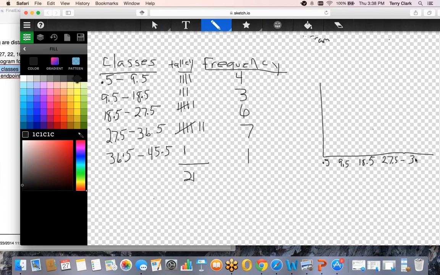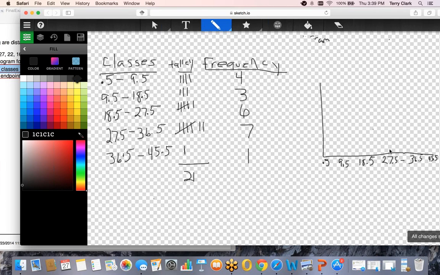I don't know why I just put that bar there, but I did it. And then the final one will be 45.5. Okay, so those are our intervals.